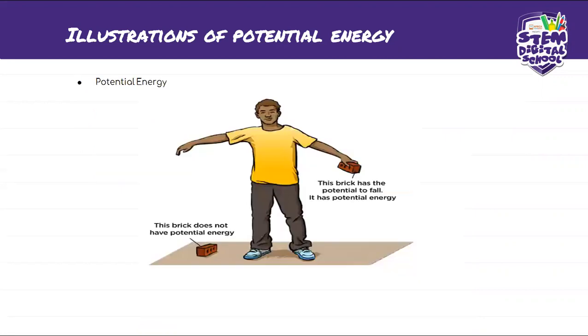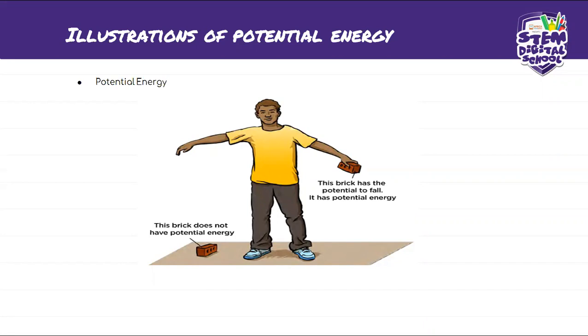All right. Then more illustrations for potential energy. So look at the brick. The brick does not have potential energy. Why? Because it is lying down. Now look at the guy there. He has picked the brick. This brick has got what? Potential energy because it is at a certain height above the ground. Okay.